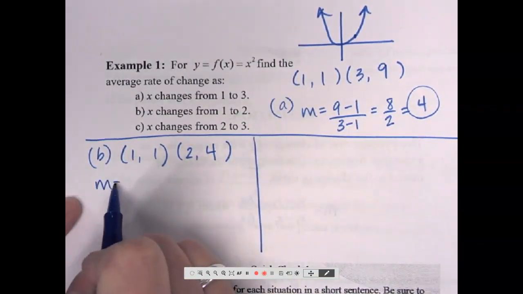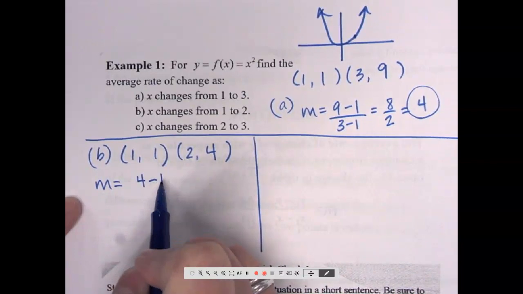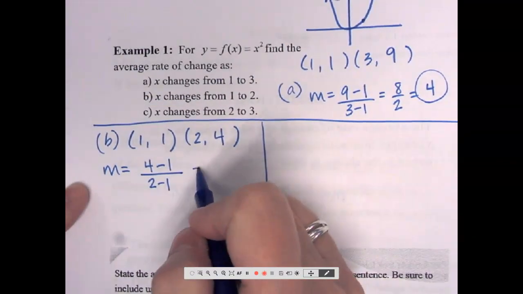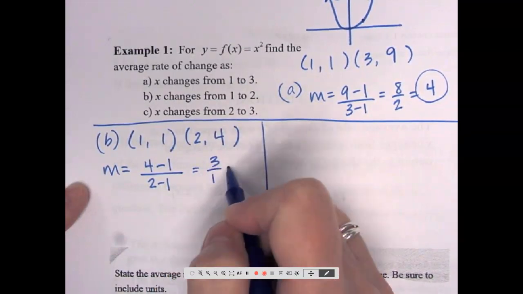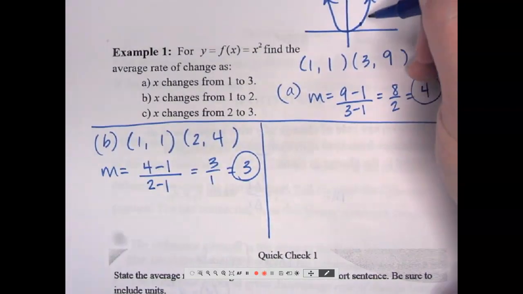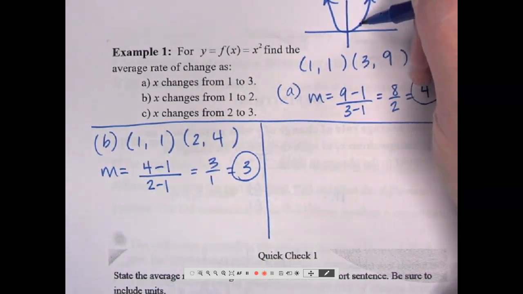So m equals y2 minus y1 over x2 minus x1. So I get 3 over 1, or 3. So that segment between those 2 points would be less steep than this one. Makes sense, because (2, 4) is closer on this parabola to the initial point (1, 1).